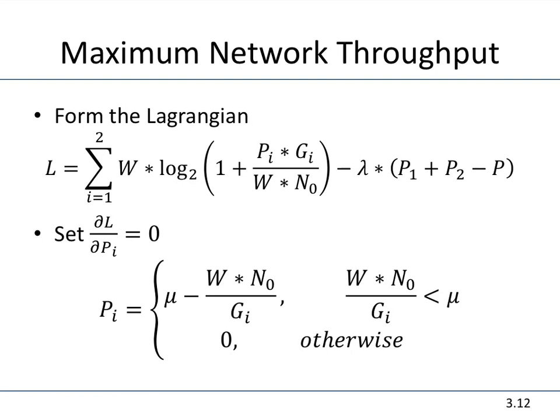So going back. Now we're supposed to have the proper tools to go back to the throughput maximization problem, because I told you, even though it's 2 users only, it's not as easy as you think.